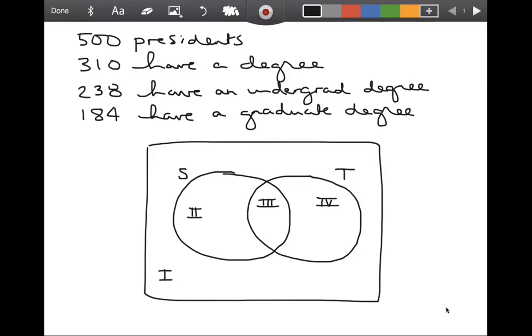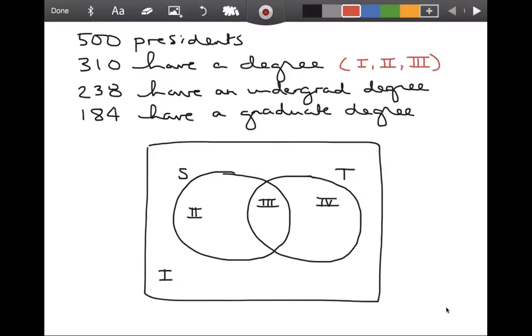Okay. So the first thing I see is that 310 have some sort of degree. So that would be the total of regions 1, 2, and 3. So there is something I can do with that right away.